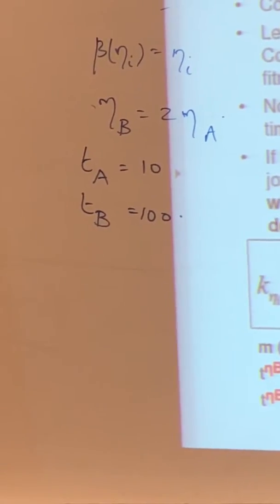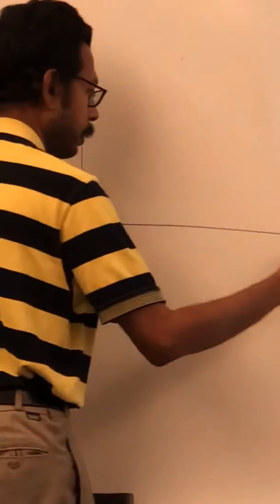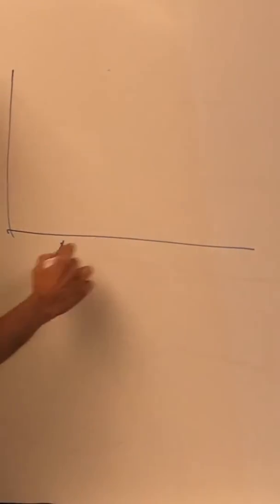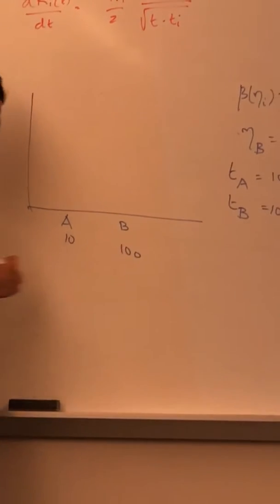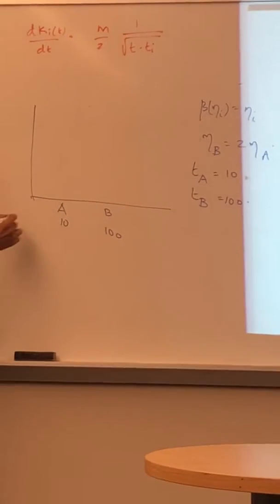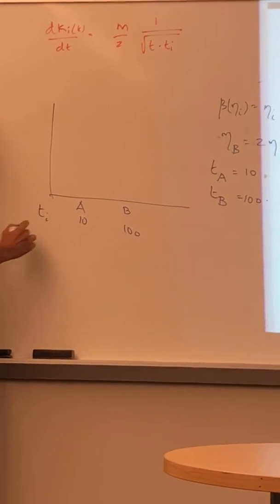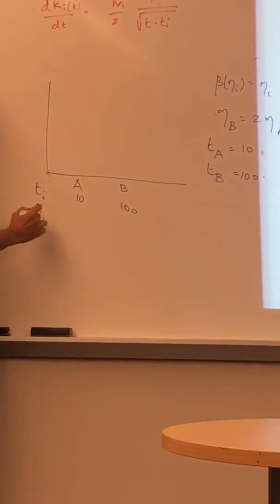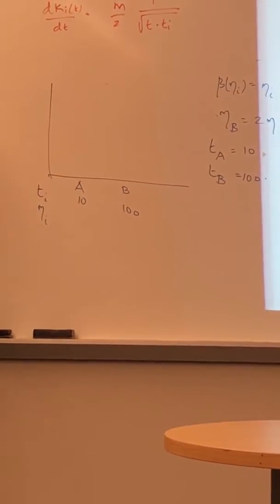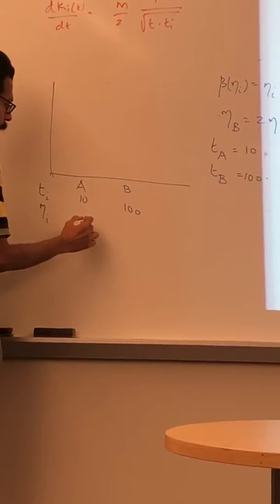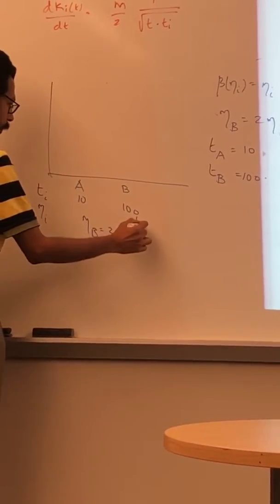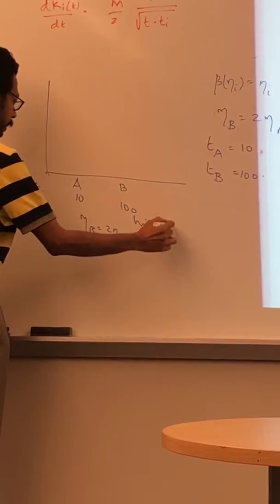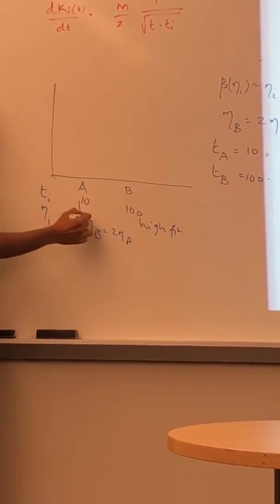This is like the figure I showed earlier. You have node A joining at time 10, node B joining at time 100. These are the joining times. The eta I values are not given right away, but what is given is that eta B is twice eta A. So B has a high fitness and A has relatively low fitness.